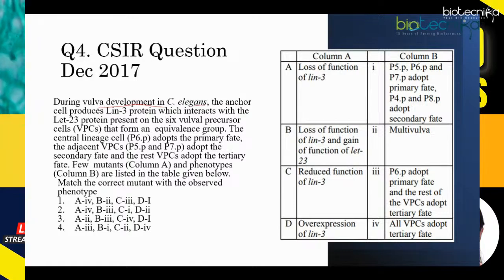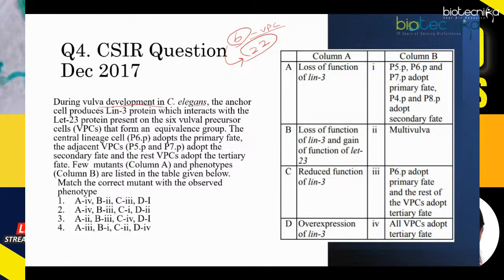The anchor cell. Here we have nematode vulva formation, and the entire vulva consists of only 22 cells, which actually starts with 6 cells. These 6 cells are called the vulval precursor cells, or VPCs, and changes in them make these 22 cells. It's a complete signaling process.